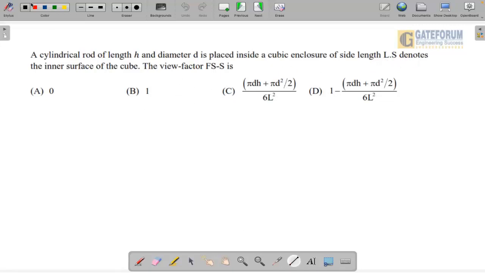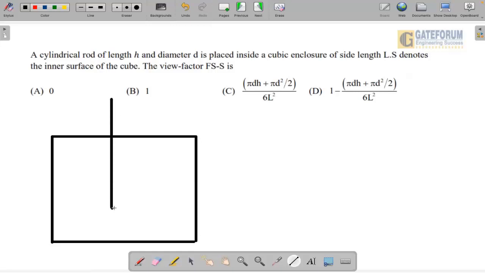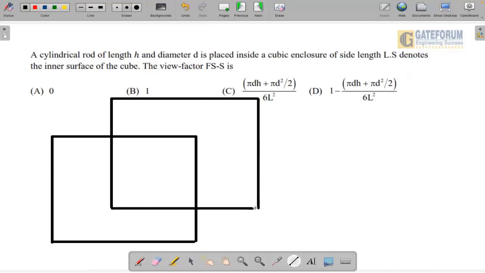It means we have a cube in which a cylinder is placed. First of all, let me make a cube. This is a cube, and we will place a cylinder in it, like this. Now put a cylinder inside. It is going to be like this.